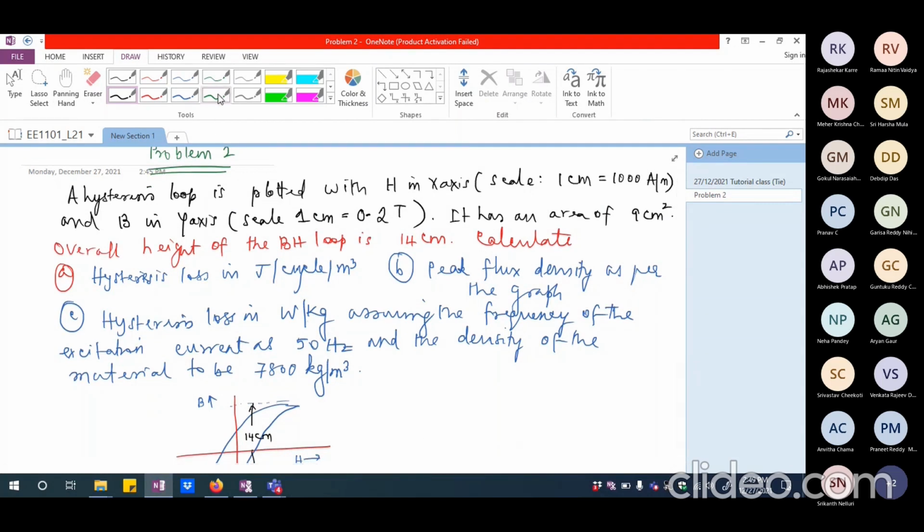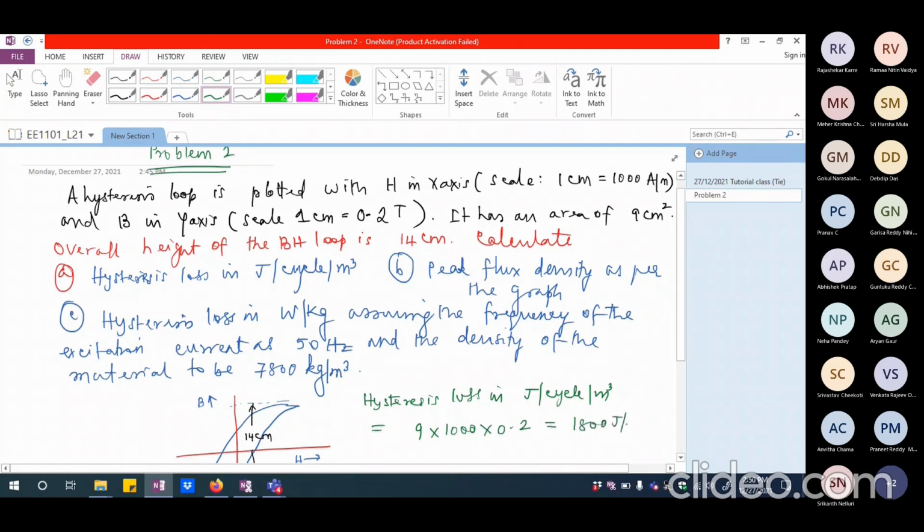So hysteresis loss in joule per cycle per meter cube is going to be equal to 9 centimeters square multiplied by 1000 multiplied by 0.2. 0.2 is 1 by 5. So this is 9000 divided by 5, which will be 1800 joules per cycle per meter cube.